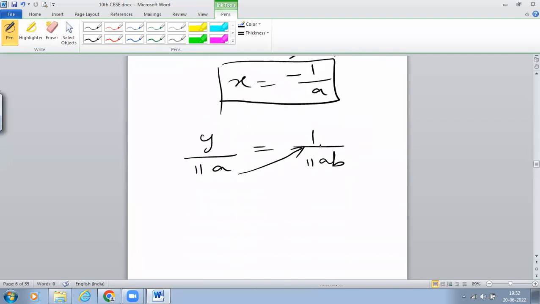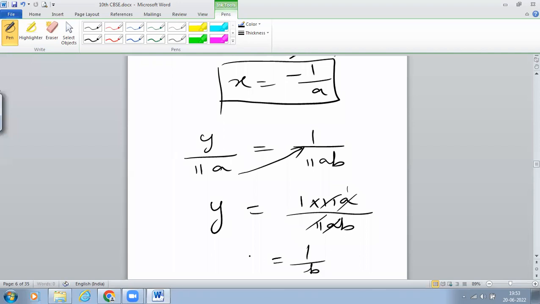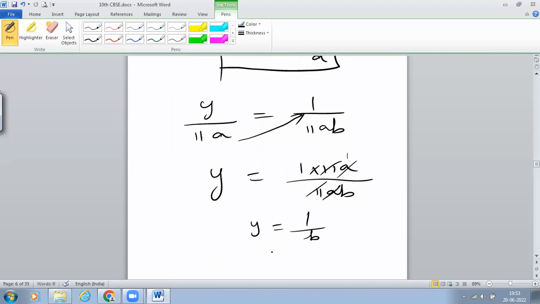So y is equal to 1 into 11a divided by 11ab. Now this 11 gets cancelled and this a gets cancelled. We have 1 in the numerator, divided by the denominator b. What is the answer? y is equal to 1 by b.